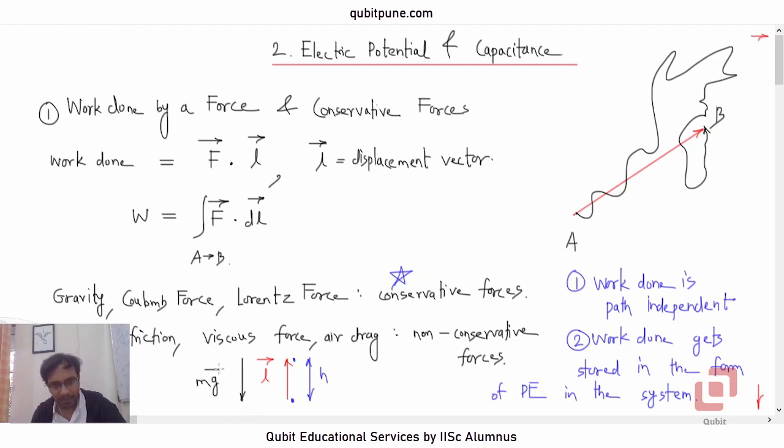So the work done by the gravitational force is negative, because the angle between the force vector and the displacement vector is 180 degrees. So cos 180 is -1, correct? But we define the potential energy as the negative of the work done by the conservative force. Every conservative force is always associated with a potential and a potential energy. Is that clear?